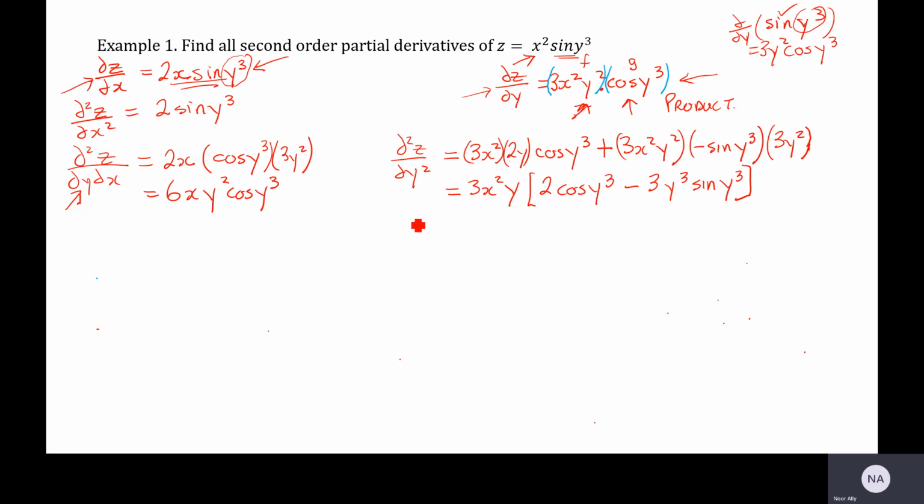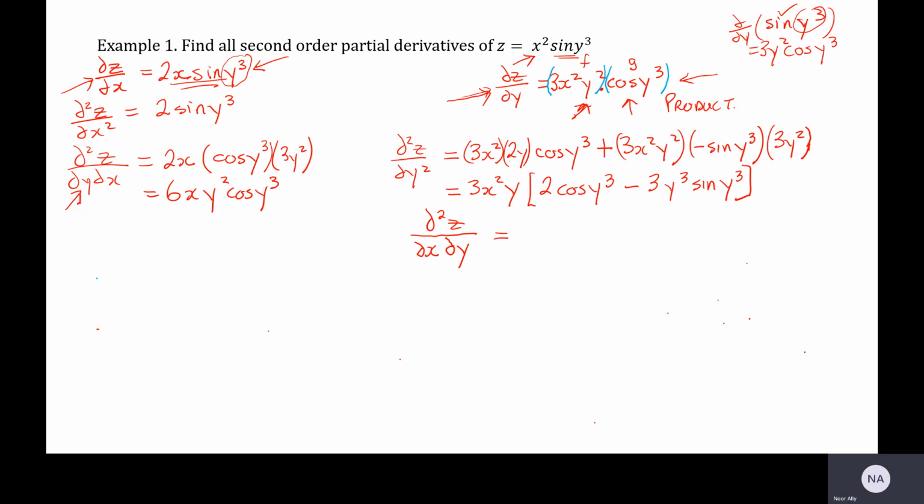Now let's check. I need now to work out the second order mixed partial derivatives, which means I first differentiated with respect to y, which is that answer there, and now I'm going to take that answer and differentiate with respect to x.